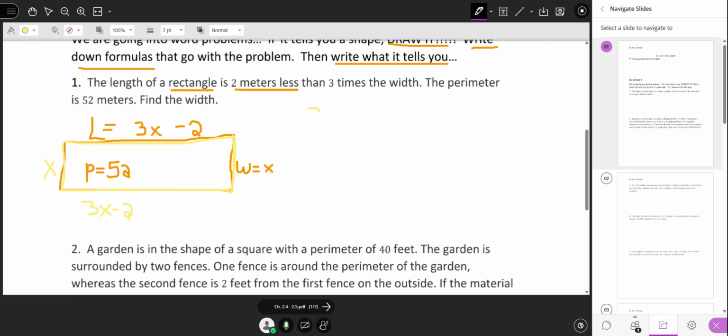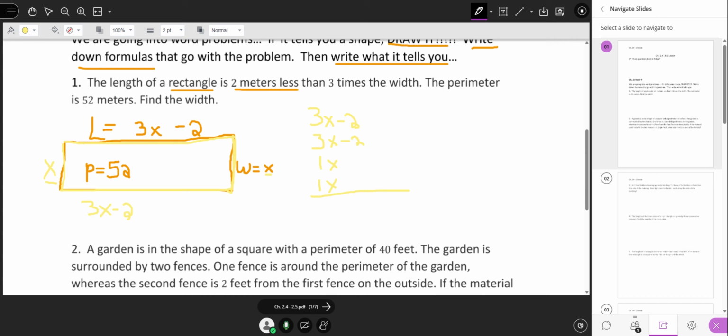So what I do is I say 3x minus 2 plus 3x minus 2 plus 1x. X is the same thing as 1x. Plus 1x.